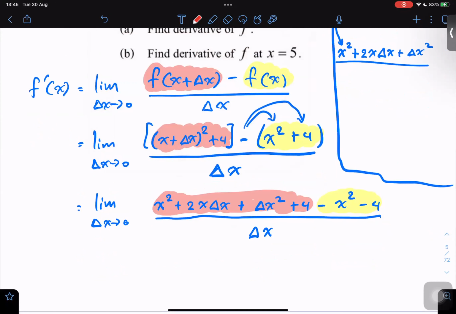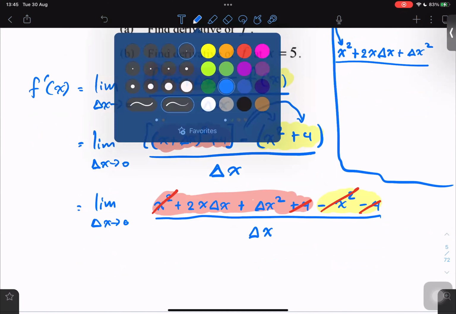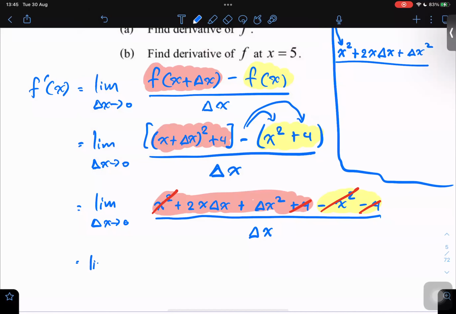And I already told you that this one is x squared, this one is minus x squared, so it's cancelled. Like you add 3 and minus 3, so it becomes 0. 4 and minus 4 becomes 0. So this one will have only 2x delta x plus delta x squared over delta x.